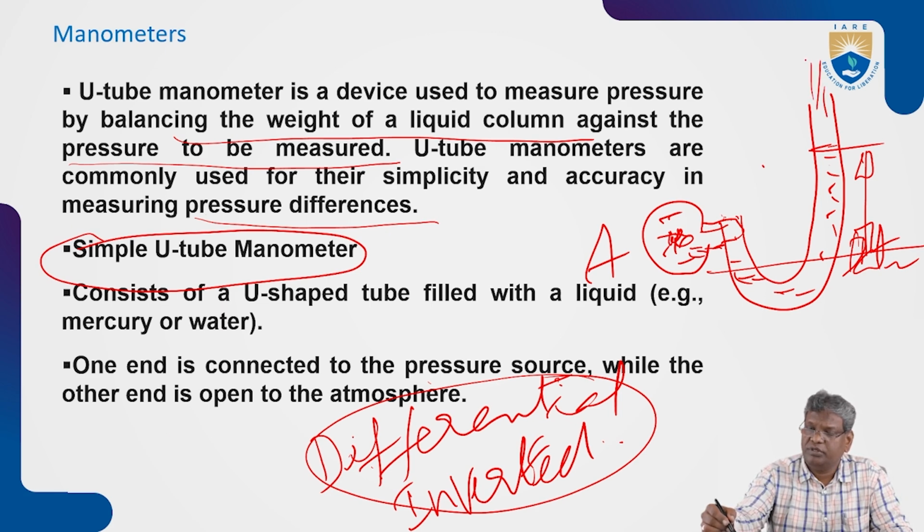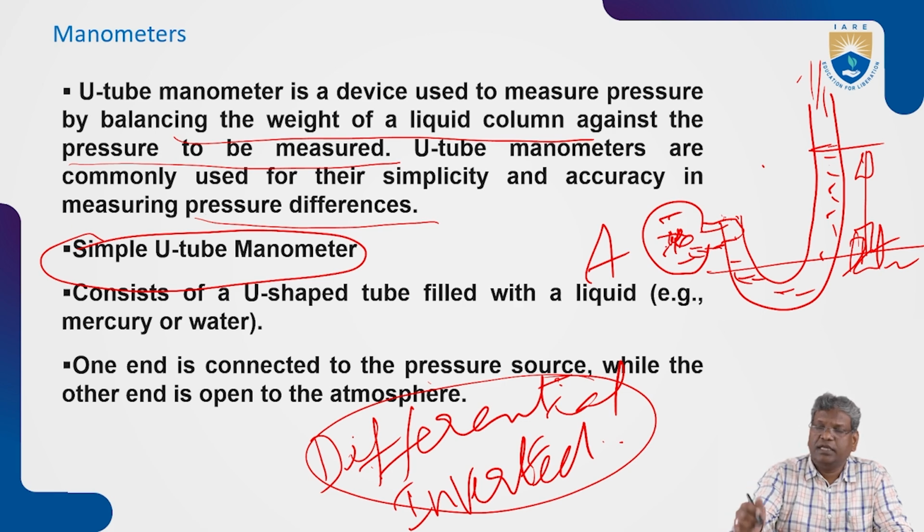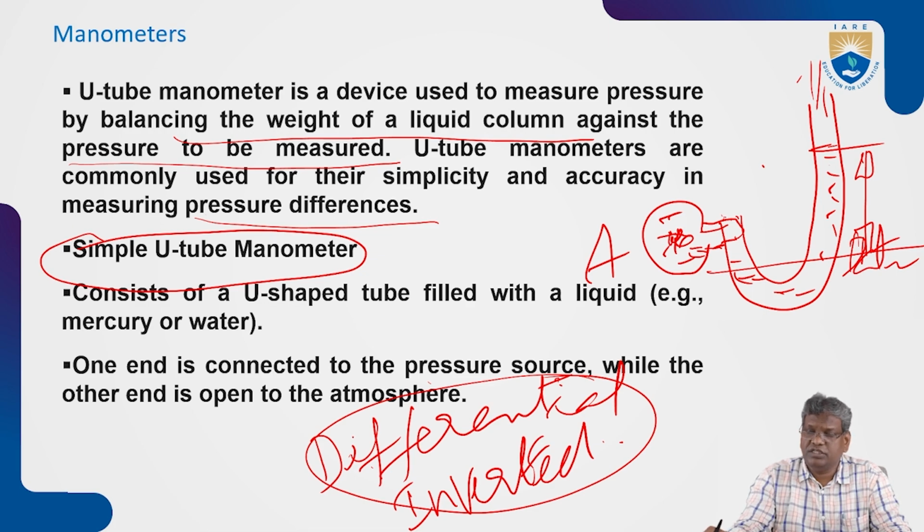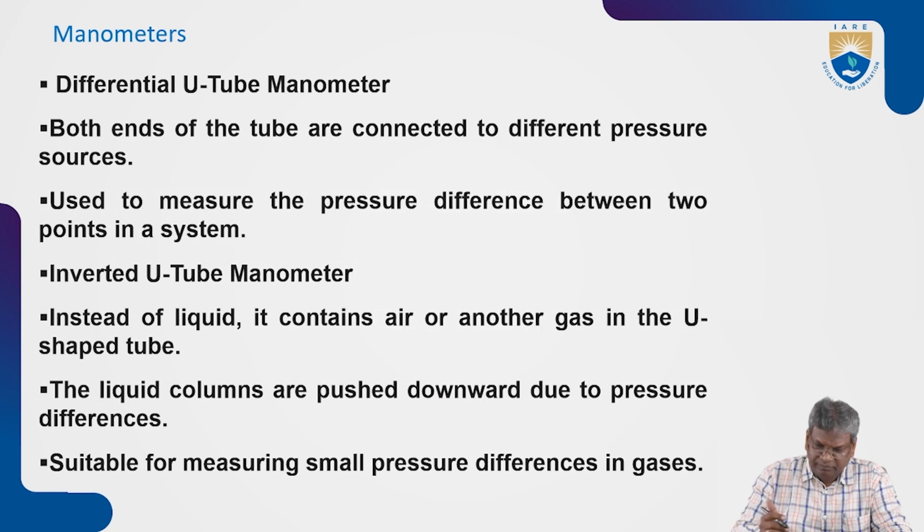This is a very simple U-tube manometer, used to measure the pressure at a single point, with one end connected to that point and the other end open to the atmosphere.